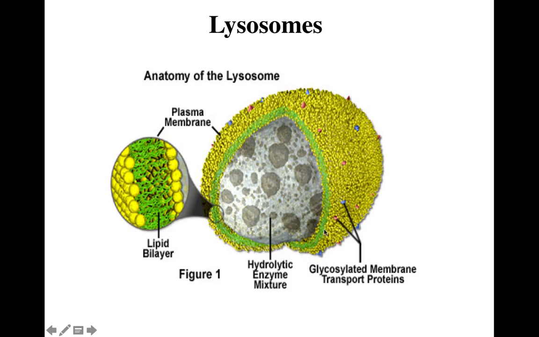And this lower pH is maintained by specialized proton pumps. These are transmembrane proteins which keep pushing protons into the lumen, or into the inside of this vesicle, so that it keeps the pH lower.